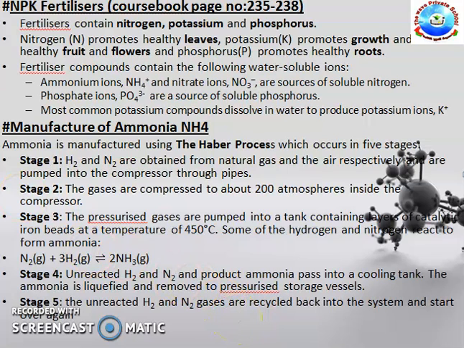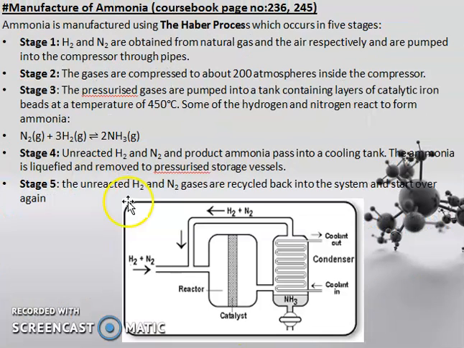Now see student, we will understand this by the diagram. See, this is the diagram. You can see the hydrogen and nitrogen gas obtained from the natural gas. Okay, and they are pumped upside, and you can see this goes into this coolant, and some goes into this tank.